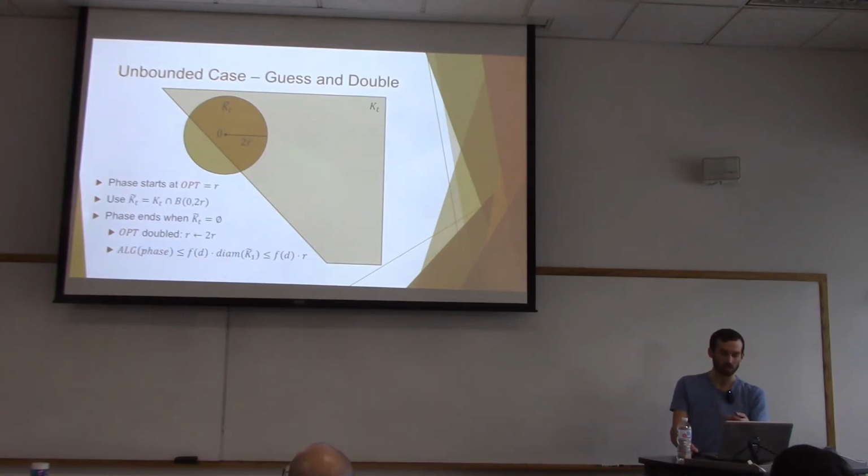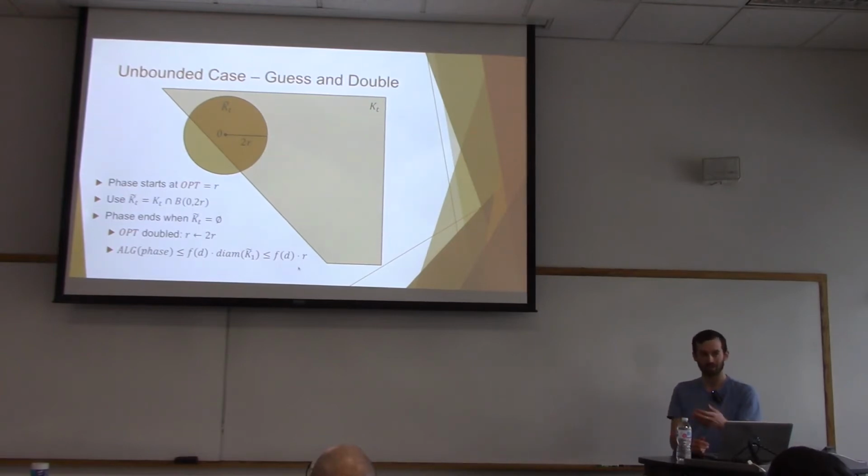While in the meantime, what I'll try to do is bound my cost within the phase to be some function of d times the diameter of that initial set that I was working with. And that diameter is bounded itself by, I guess this should say 4r, not r. But the diameter of the set is bounded essentially by opt, so that within each phase I'm paying the same constant times opt.